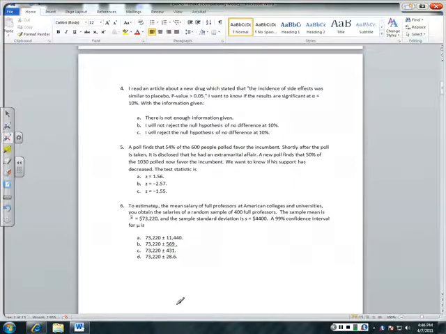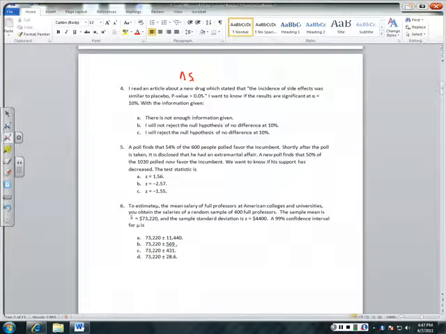Okay, so on number 4, you read this article and it tells you the p-value is 0.05. So that means you have a non-significant result, sometimes abbreviated NS. And I want to know if they're significant at the 10% level or 0.1 level.